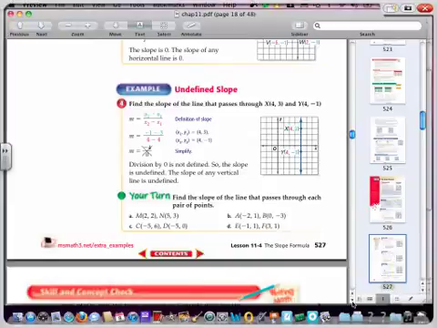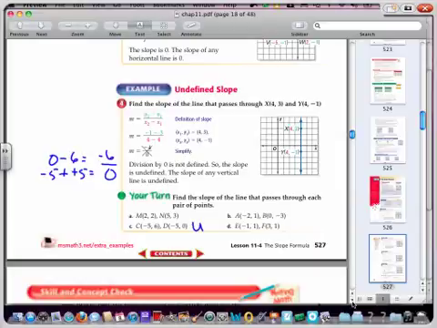For C, we get 0 minus 6, or -6, and we get -5 minus -5, plus positive equals 0. So we get undefined. Cannot do that one.